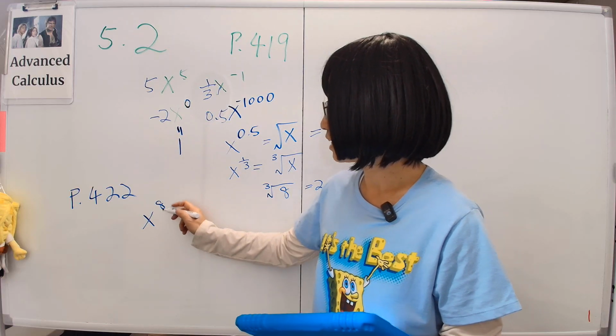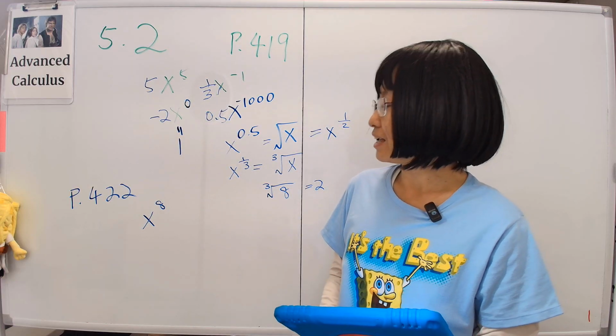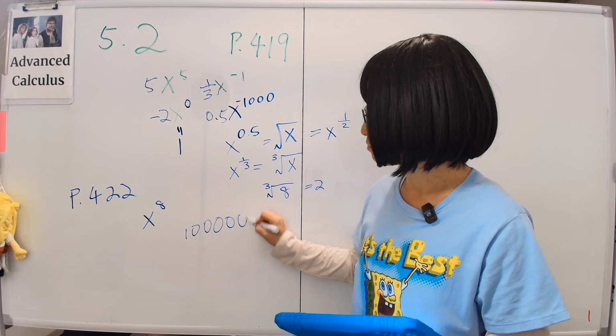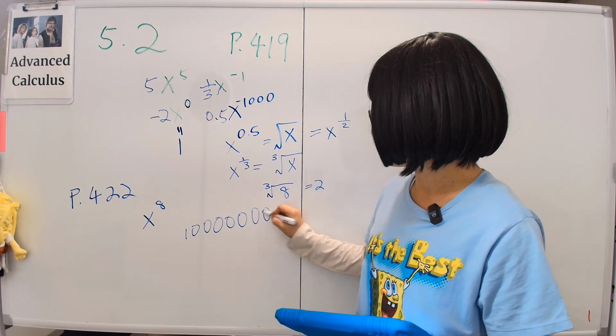When x is 10, x to the power 8 is 10 to the 8, which is 1 followed by 8 zeros. Let's write it out.